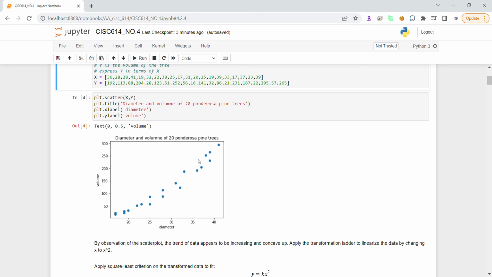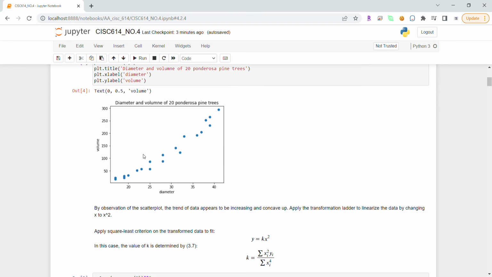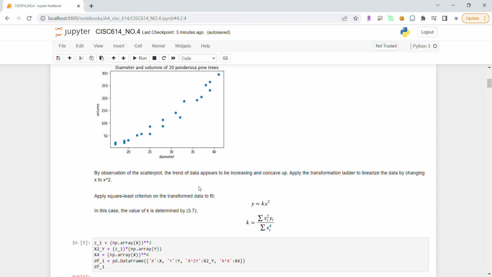So I'm going to apply the transformation ladder to linearize the data by changing our x to x to the power k. Then I'm going to apply the least squares criterion on the transformed data to fit this model. In this case, the value of k is determined by equation 3.7 in the textbook.